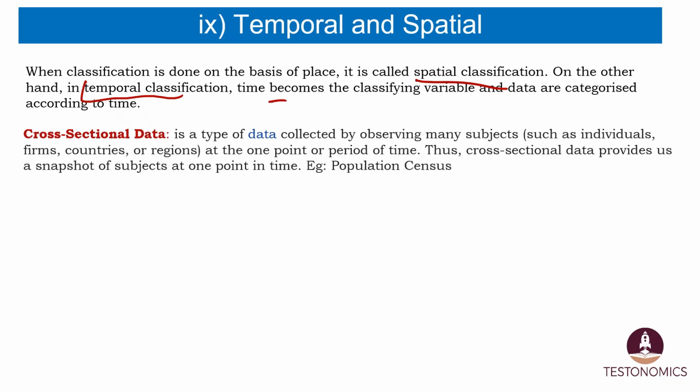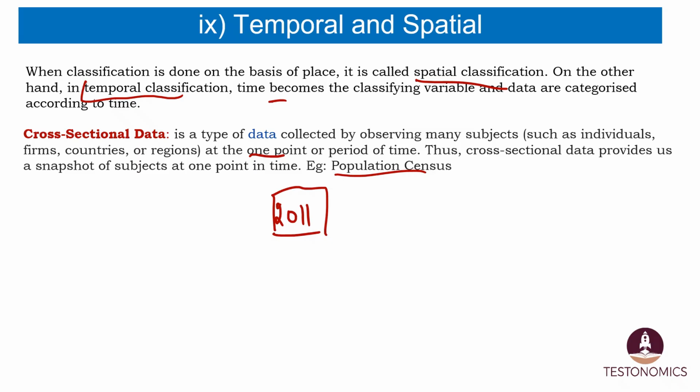It is a type of data collected by observing many subjects at one point in time. Remember, many subjects, but at one point. For example, population census. The last was conducted in 2011. So in this particular year, that means at one point of time, only one year, what was the data on different aspects of the entire population, right? So this is an example of cross-sectional data.